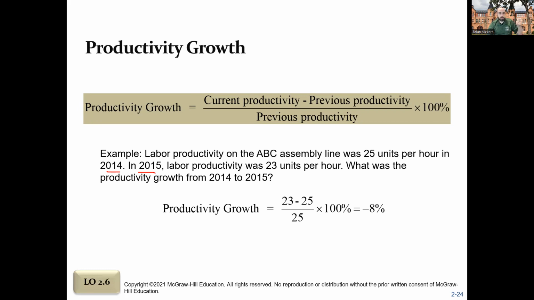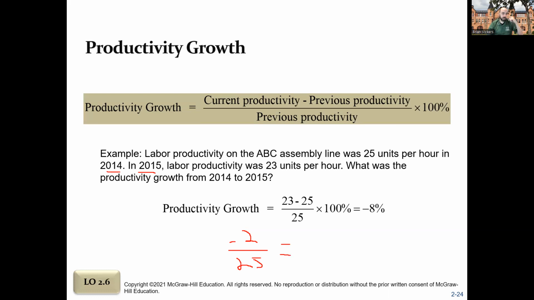So we take current minus previous, and in that case, it's going to be a negative value. So it's going to be -2 over the previous. We take the difference between this period and last period, which is -2, and divide it by last period. And we can see how much it went up or down over time.